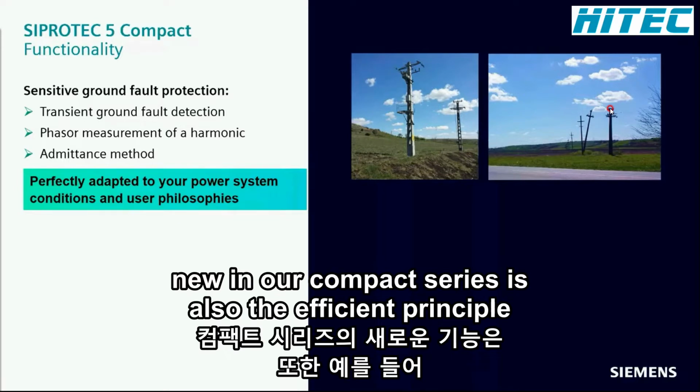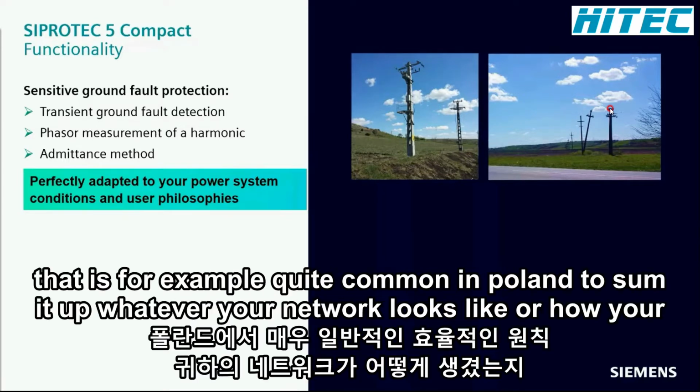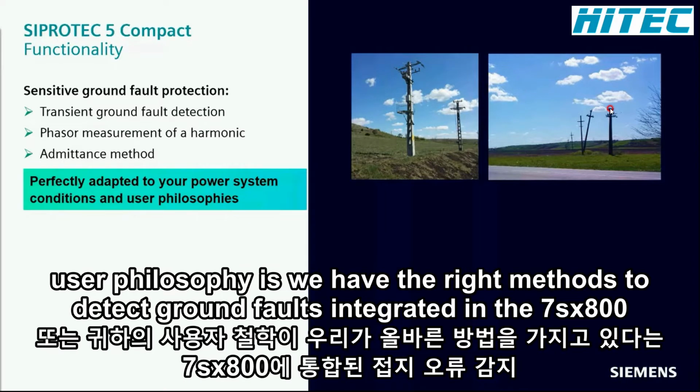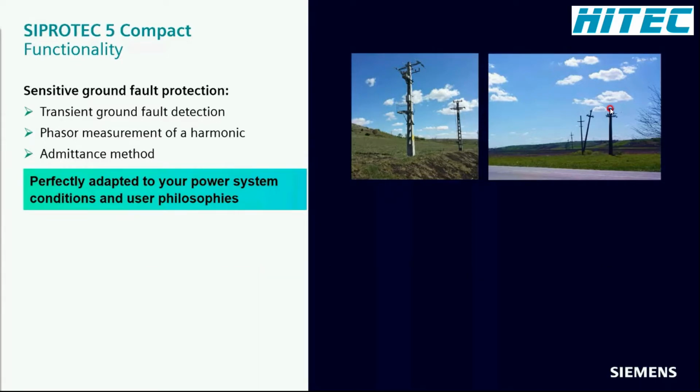New in our compact series is also the admittance principle that is, for example, quite common in Poland. To sum it up, whatever your network looks like or what your user philosophy is, we have the right method to detect ground faults integrated in the 7SX800.